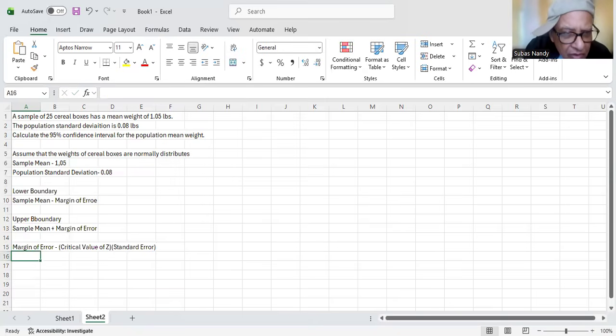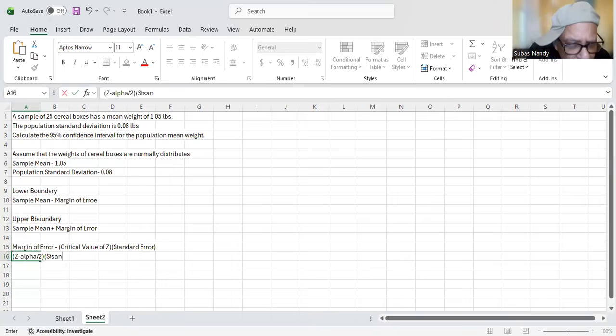In other words, margin of error is equal to the critical value called z alpha by 2, and I will explain in a minute what is alpha, times the standard error. So this is all built into Excel. The only thing is how to calculate it.